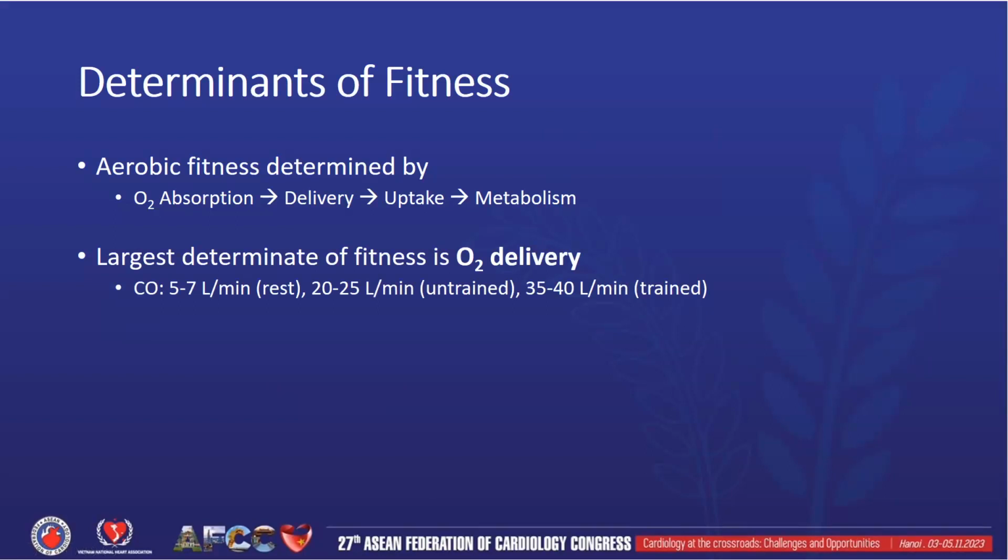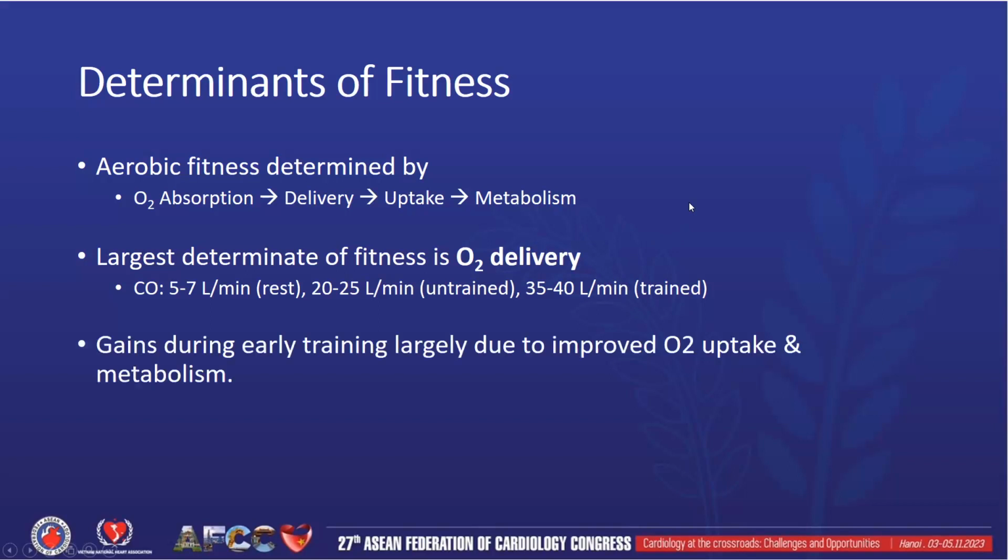And at rest, we have a cardiac output of 5 to 7 liters per minute. And when we start to exercise, that can increase 4 to 5 fold for untrained individuals, and perhaps even higher for individuals who are trained, such that some individuals can get their cardiac outputs up to 35 to 40 liters per minute at peak exercise. When we go from sedentary to exercising, the early gains are really due to improved oxygen uptake and metabolism.